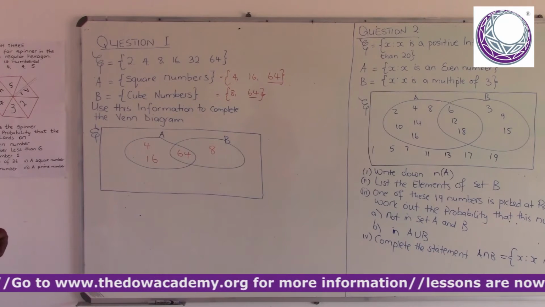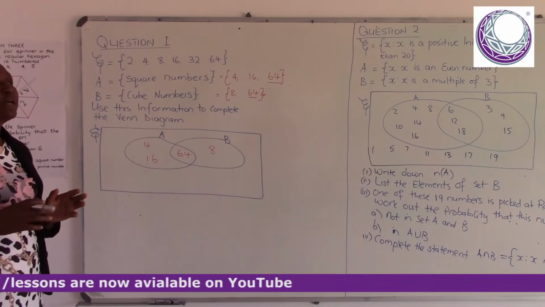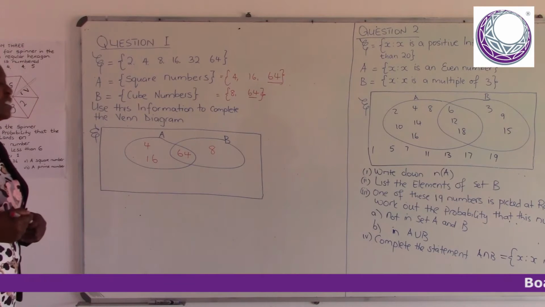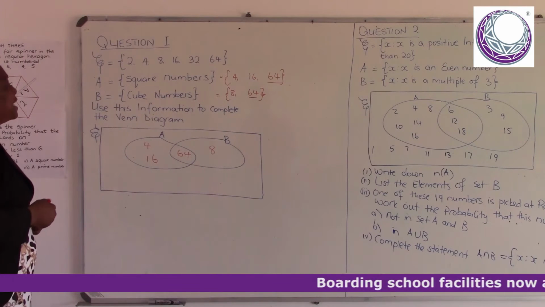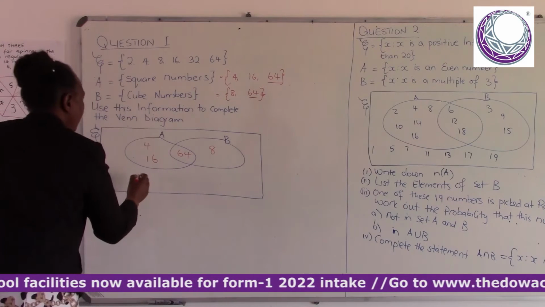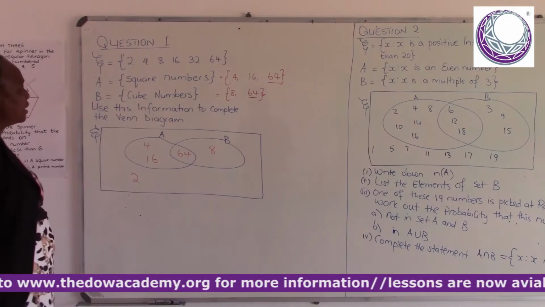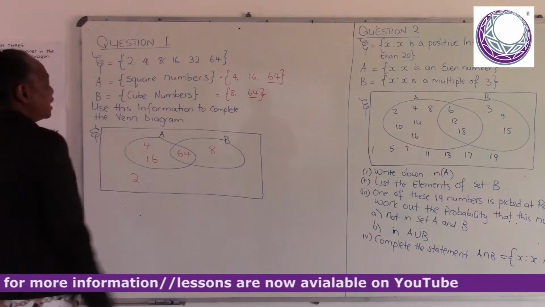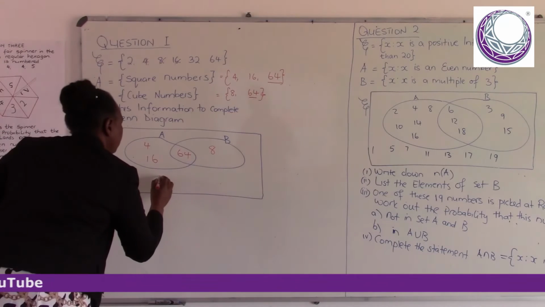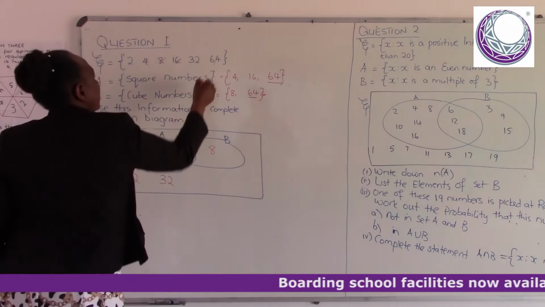Then 64, I used it. And it's always wise to cross-check, because all the elements that are in the main set, they should be represented on the diagram once. So what you might do, you should always count like 1, 2, 3, 4, 5, 6. I must have 6 elements. Then we go 1, 2, 3, 4, 5, 6. Then I'm sure that all my elements are in.